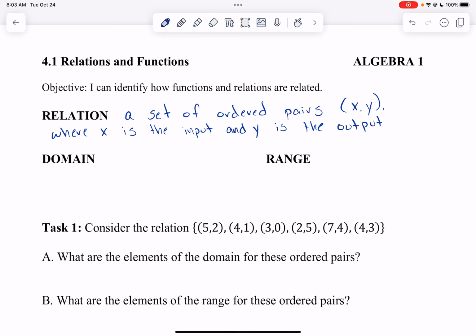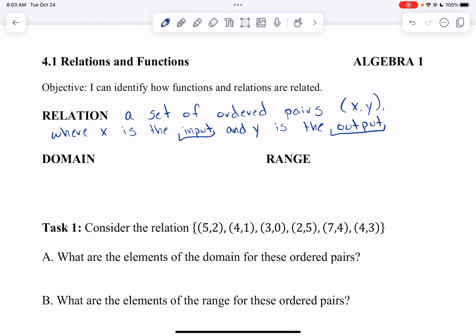Basically, a relation is just a relationship between two values. The values don't always have to be numbers. The input and the output could be colors, people, or cars. It's basically just mapping an input to an output.